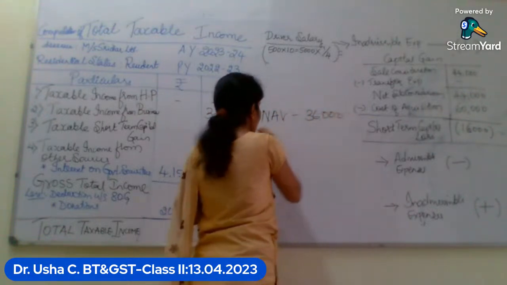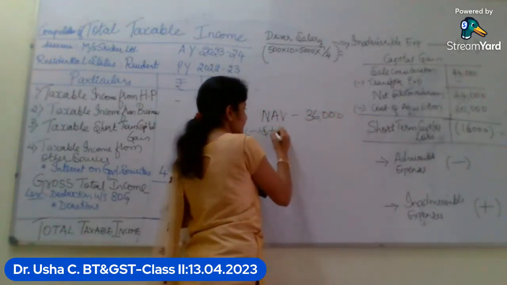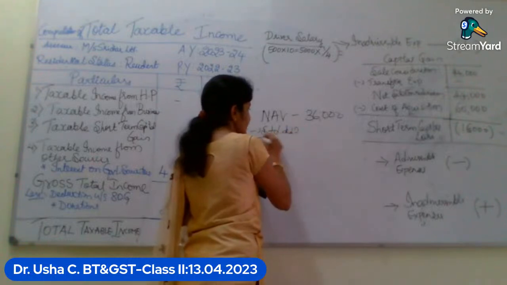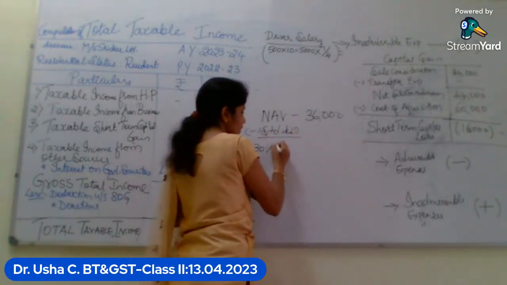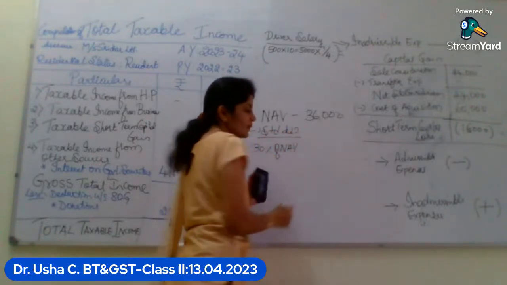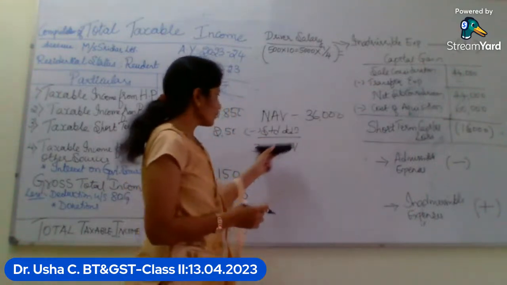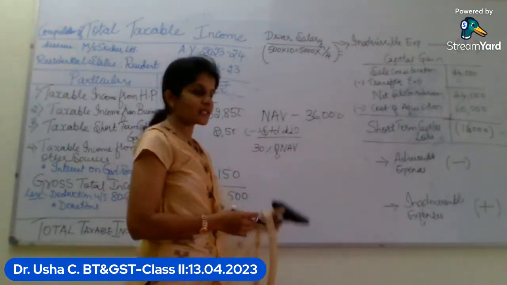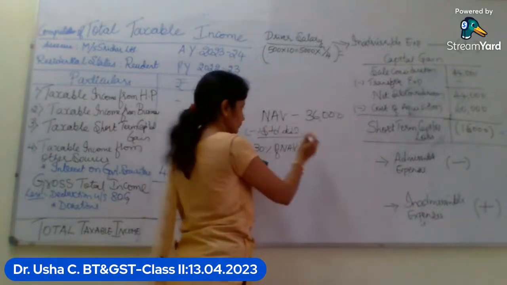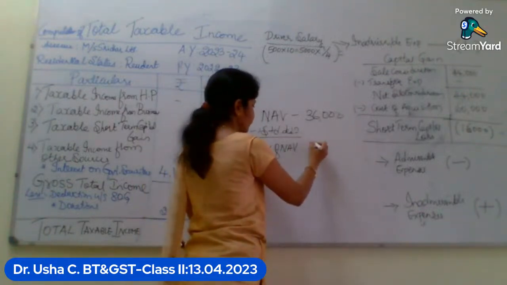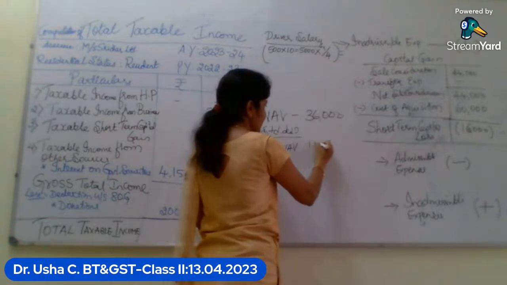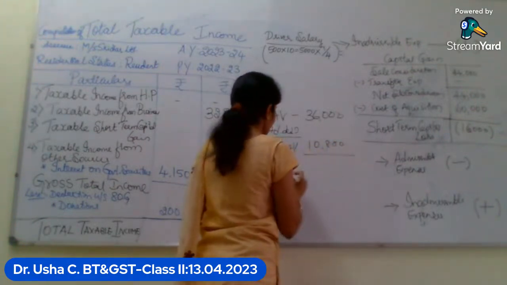For this we have to give a standard deduction. What is the standard deduction? It is 30% of the NAV. What is 30% of NAV on 36,000? It is 10,800. Is it correct? You just deduct it.